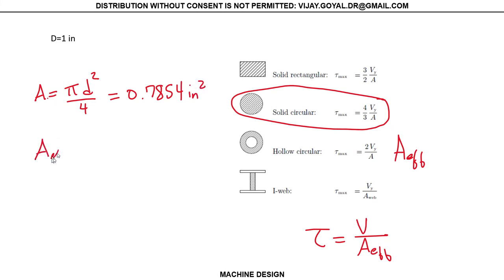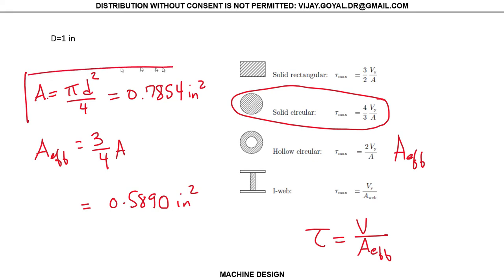So the effective area is nothing else than 3/4 of my A. So that would give me 0.5890 inches squared. So that's my effective area that's going to go in my tau. And for my axial load, this is the area I will use.